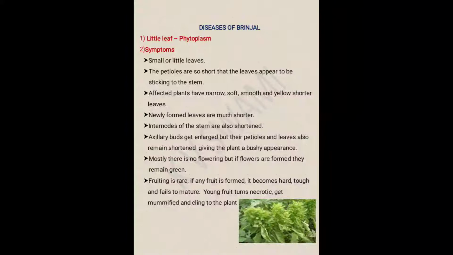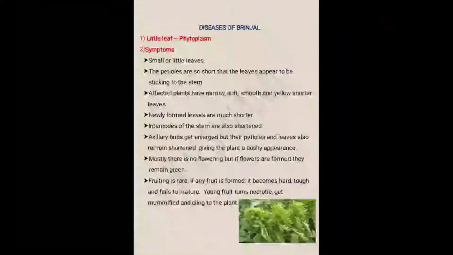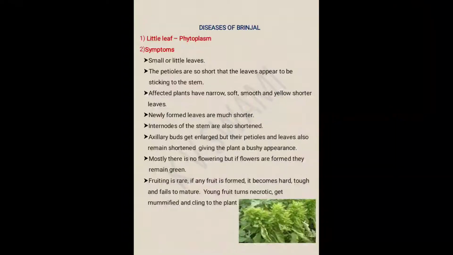The fruiting is rare. If any fruit is formed, it becomes hard, tough and fails to mature. Young fruit turns necrotic, gets mummified and clings to the plant.